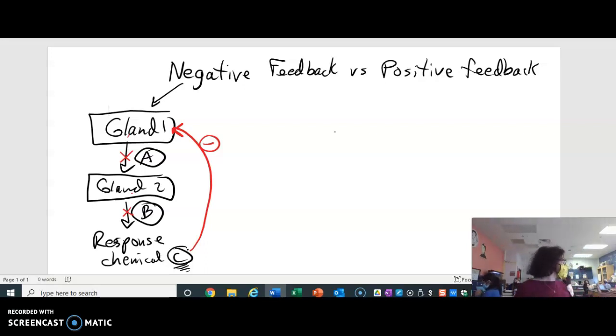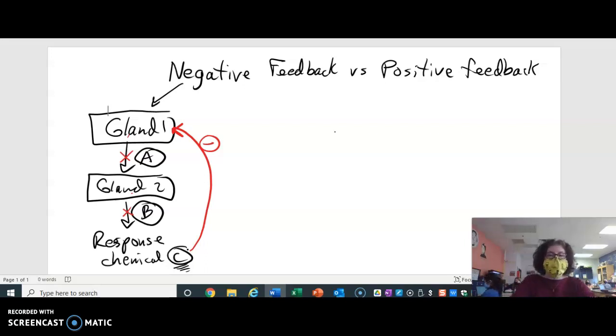So there's negative feedback. If they don't give you those examples, they'll give you a pathway and say that the final chemical is going to decrease this, right? If the final chemical is feeding back and decreasing something, that's negative feedback, okay?